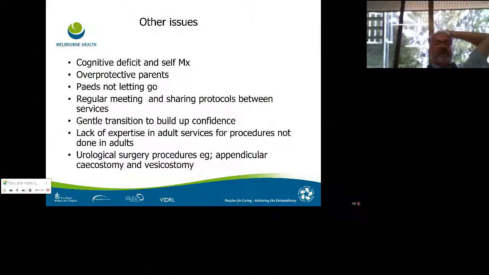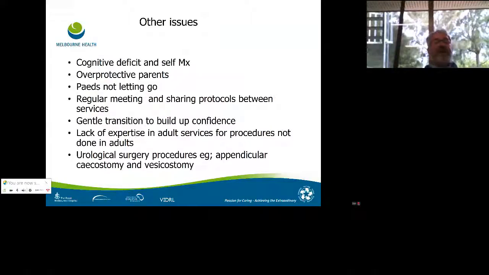One of the things is that the adult urologists don't tend to do a lot of the procedures that the child urologists do, and so it's really best to have a good liaison between the child and adult proceduralists, and a very good handover.